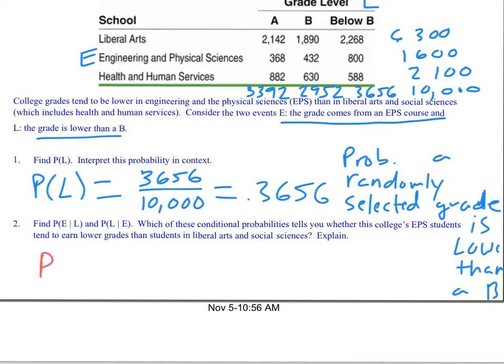Okay, these two are. The probability of E, that you selected a grade from an engineering and physical science course, given L. I don't want you to worry about the explanation. I just want you to calculate these two.